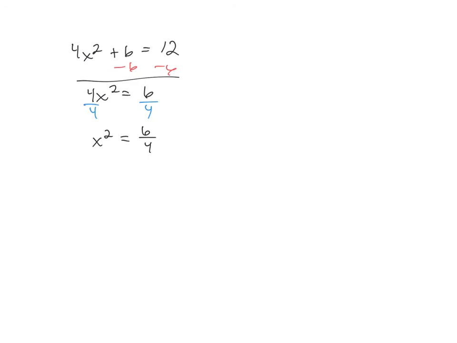Okay, and then since I just have x squared, I kind of look at it like, well, I can do the square root of 6, or I can't do the square root of 6, sorry. I shouldn't have put square root right there, but I can do the square root of 4. So again, it's positive and negative.